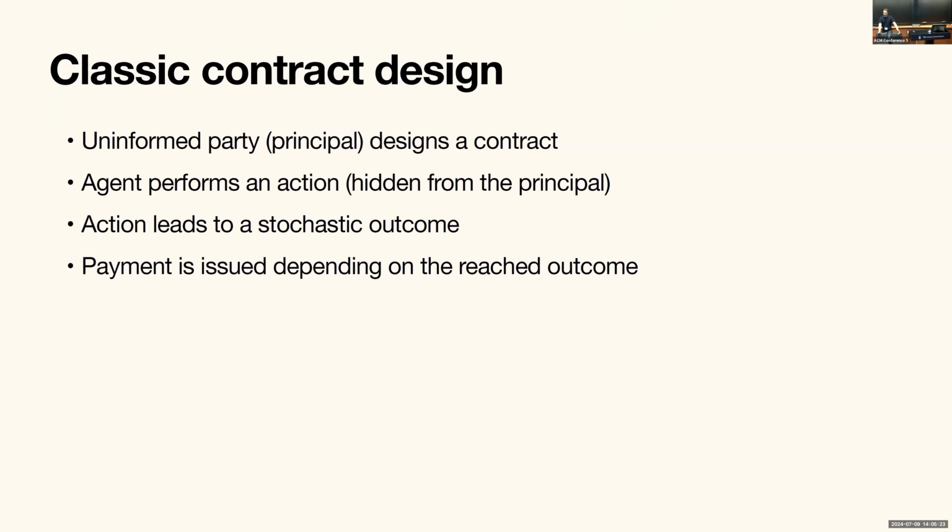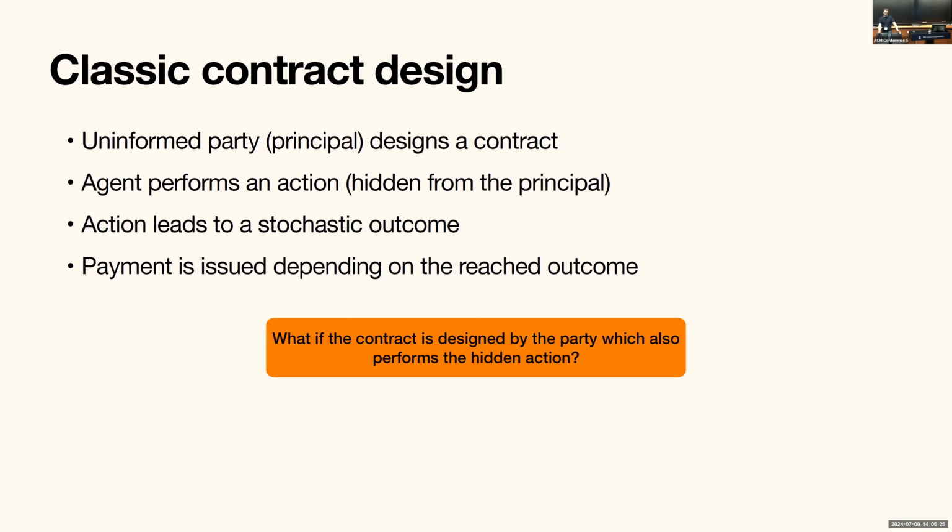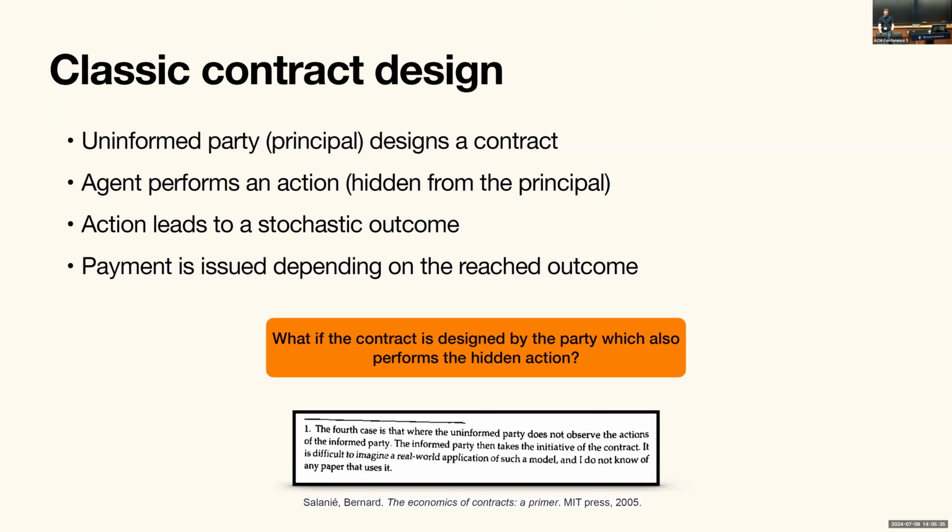The question that we want to ask in this talk is, what if the contract is designed by the party which also performs the hidden action? Sadly, I recently discovered that a standard textbook in contract theory says that the case in which the informed party also designs the contracts has no real world applications.